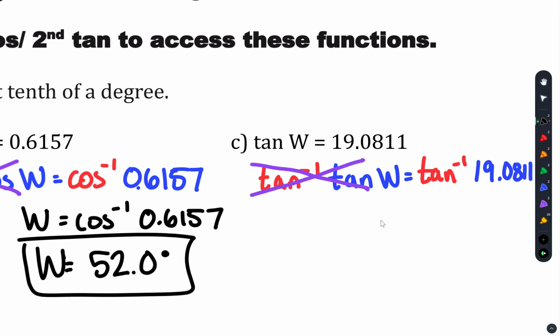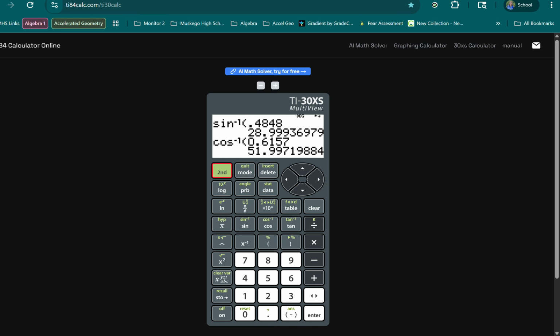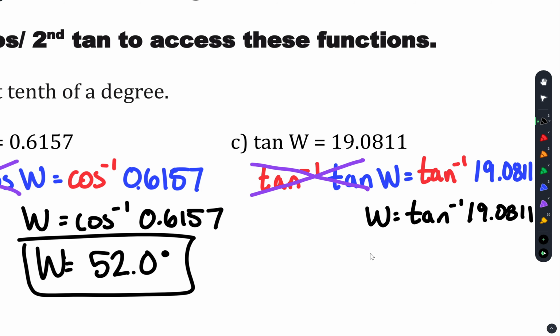All I'm left with is the W now: tangent inverse of 19.0811. And that's what's going into my calculator. Second, tangent, 19.0811. About 87.